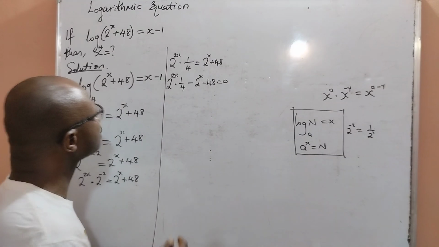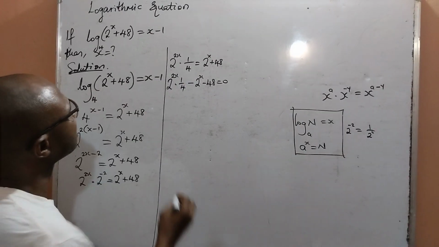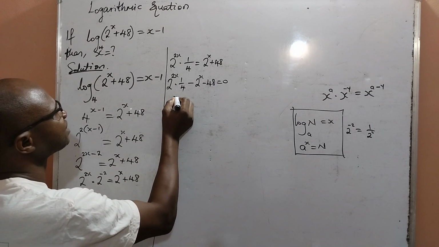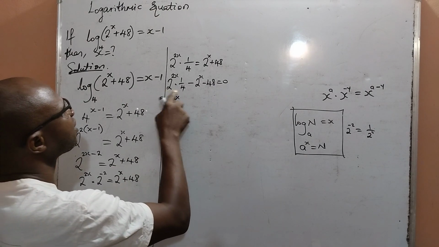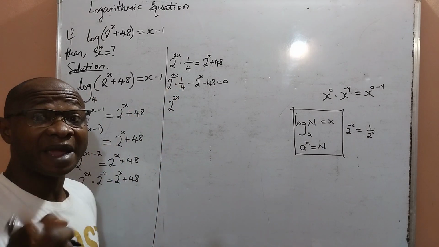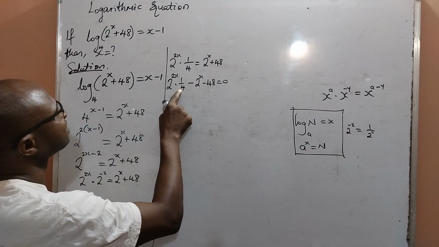The reason is because I want to get rid of this 1 over 4 here. Having multiplied by 4, it will cancel out this one, so this place can now disappear.